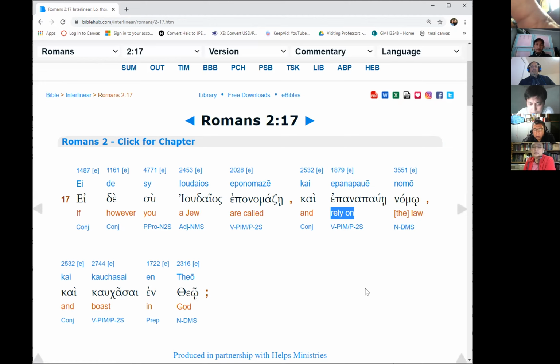It's the same idea. Okay, but notice in the next clause, boast, and then, look, in the Greek, there is a preposition. So that's something the interlinear will help us a little bit to see what's going on.